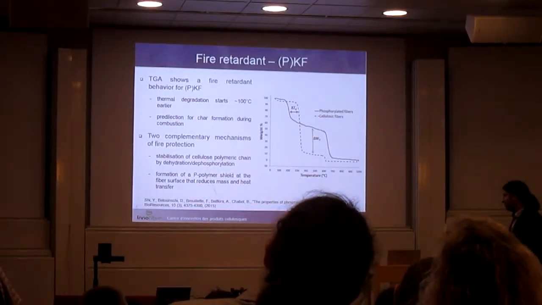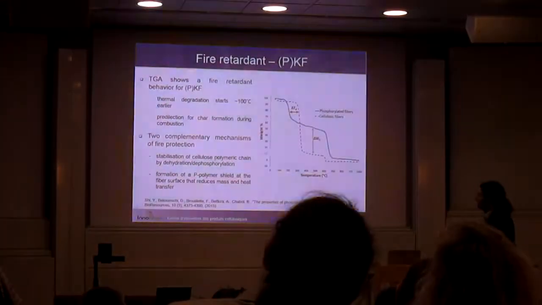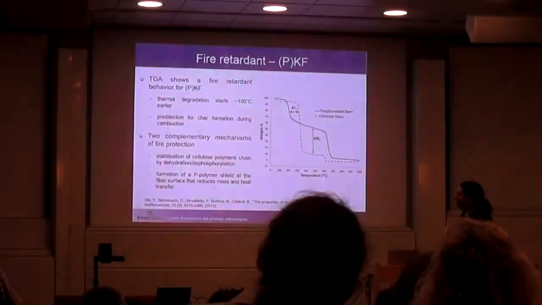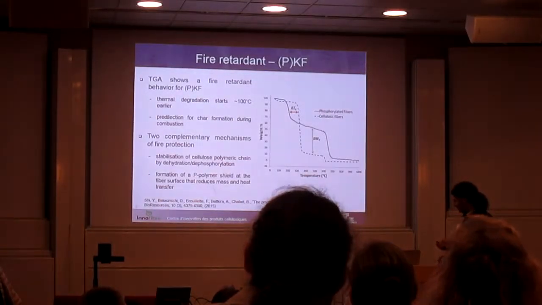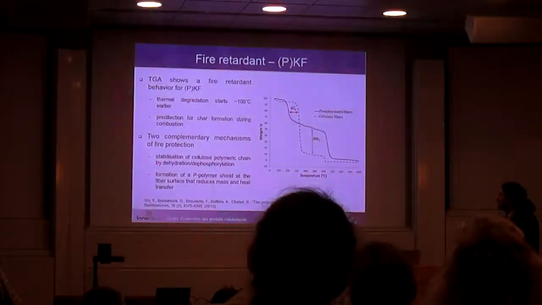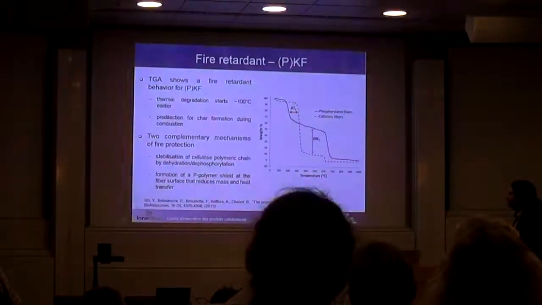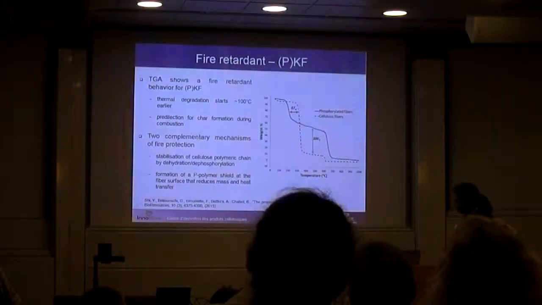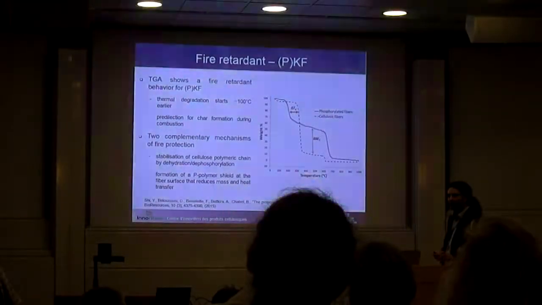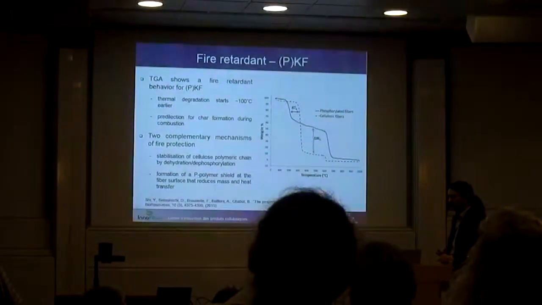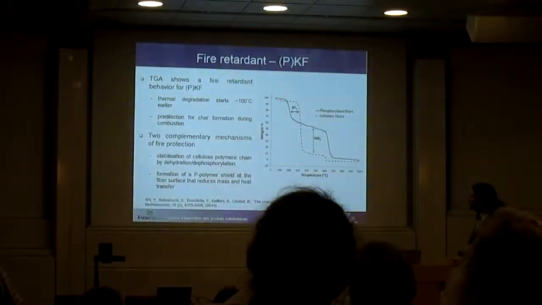What I found is that the destabilization mechanism in the case of phosphorylated fibers comes from two complementary mechanisms. One is the stabilization of the cellulosic polymer chain. By dephosphorylation dehydration, we create unsaturated double bonds which stabilize the chain, reducing the level of levoglucosan, which is volatile, combustible, flammable.